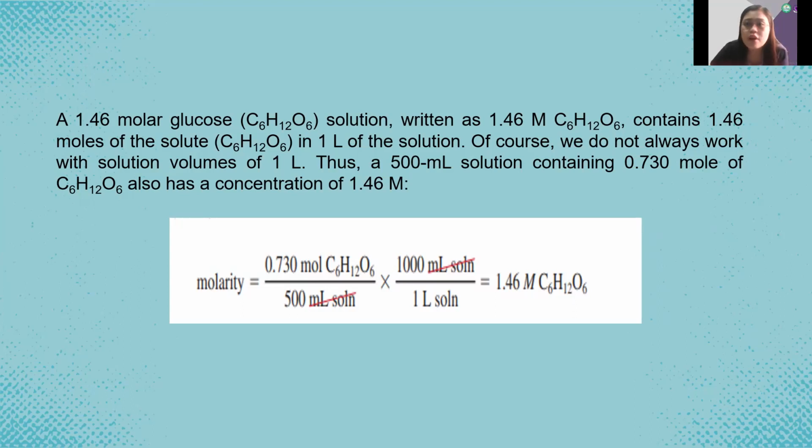So, of course, we do not always work with solution volumes of 1 liter. Thus, a 500 mL solution containing 0.730 mole of the glucose also has a concentration of 1.46 M. So actually, it goes like this.